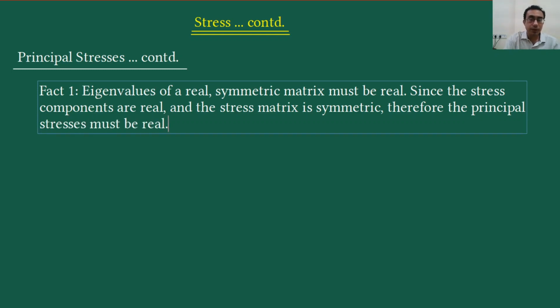Okay, so the conclusion seems almost like a foregone conclusion. Of course, the principal stresses must have real values, but you understand that this is very much consistent with the eigenvalue problem as far as the mathematics go.